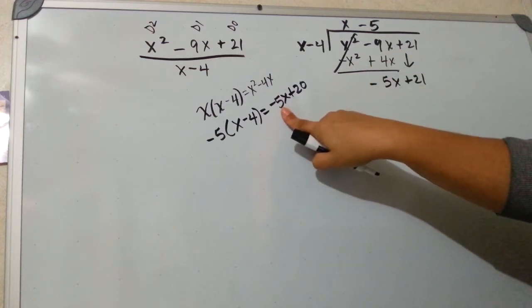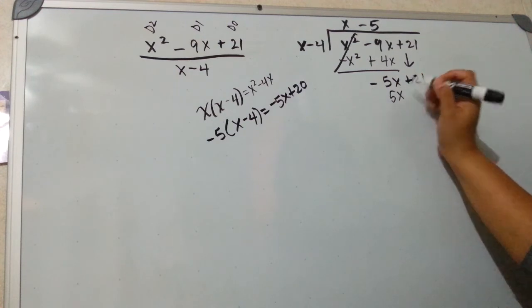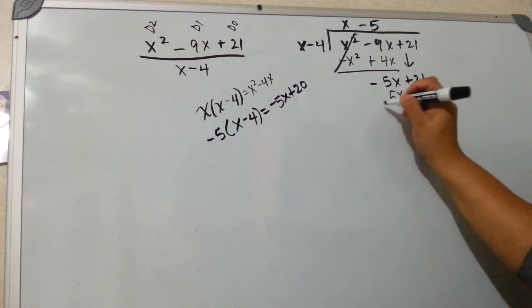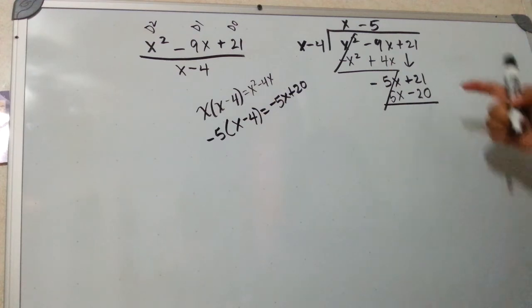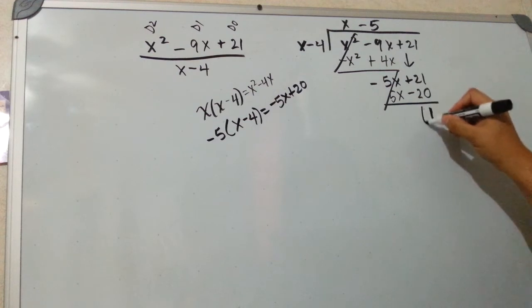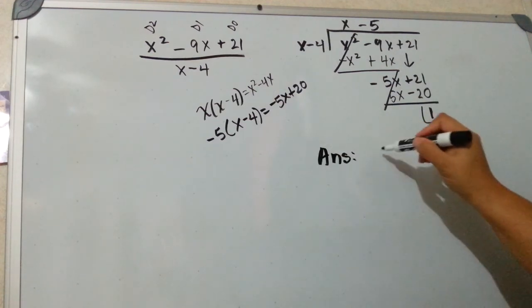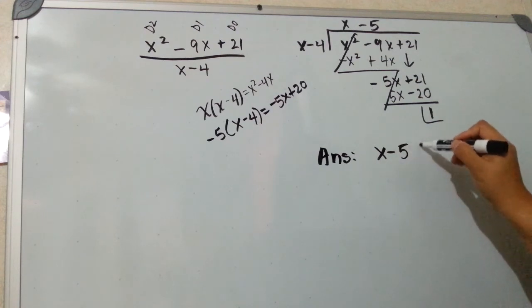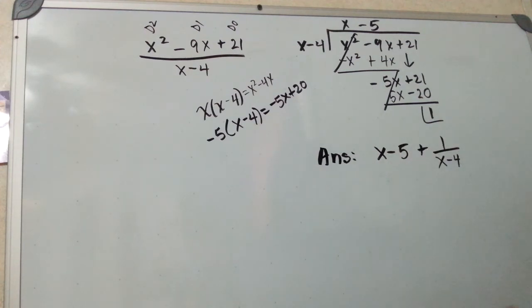So negative becomes positive, positive becomes negative. Uh-oh, it looks like we have a remainder of 1. So how do you report the answer? You report the answer like this: x minus 5 plus 1 over the divisor, x minus 4.